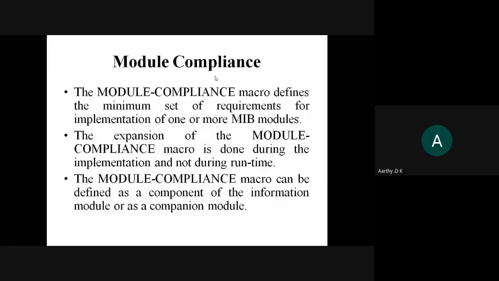This module compliance is done during the implementation part and not during the runtime. So this macro also works during the implementation part, like your object group. And this module compliance can be used to define the different components and information that we have. So module compliance will help you to define the different modules that we have for MIB.